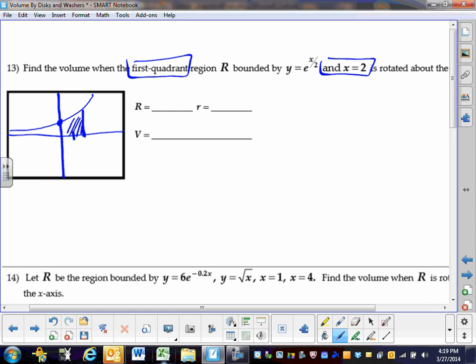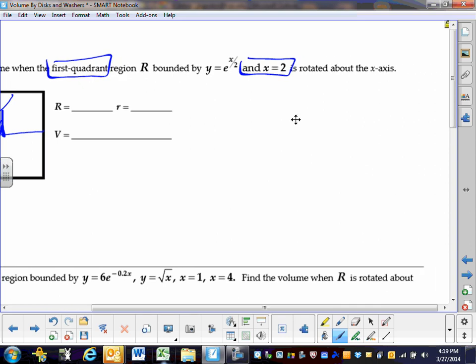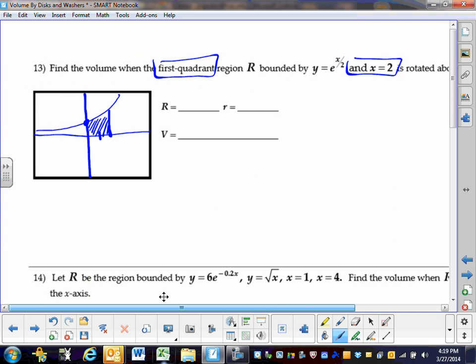So that means this part rotated about the x-axis. So the x-axis is really y equals 0. So we're going to spin around y equals 0. But it's the x-axis, a horizontal, so that makes dx. So I can think about, again, my reflected curve and the type of shape this is going to make. It's kind of like a Rolo candy.